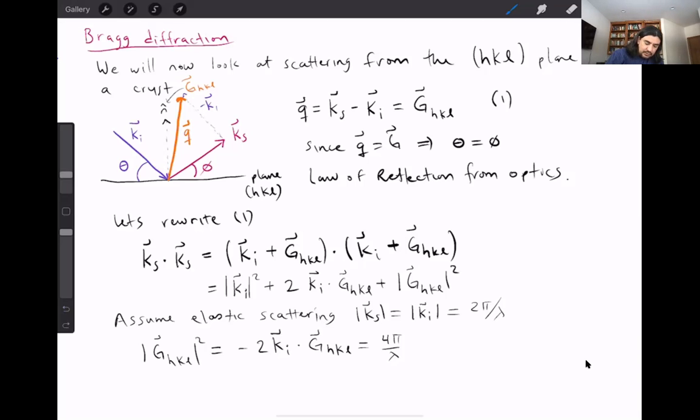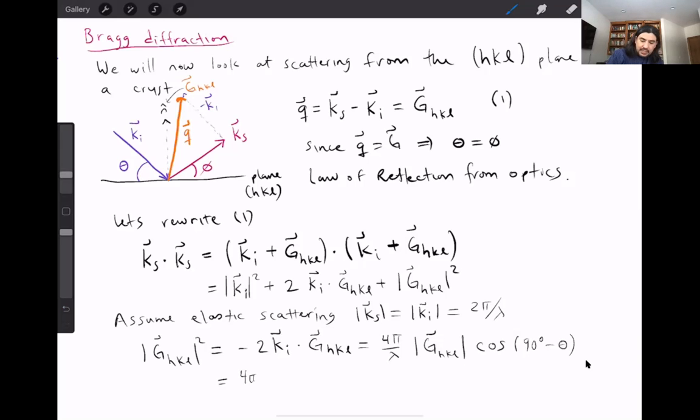That would be this monster, G HKL, the other magnitude, times the cosine of that angle we talked about, which is 90 degrees minus theta. The cosine of 90 minus theta is just sine.